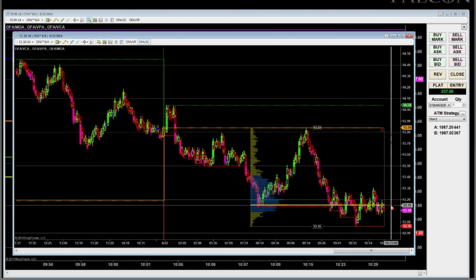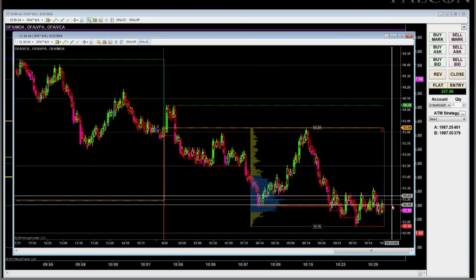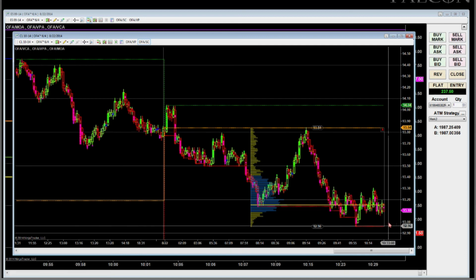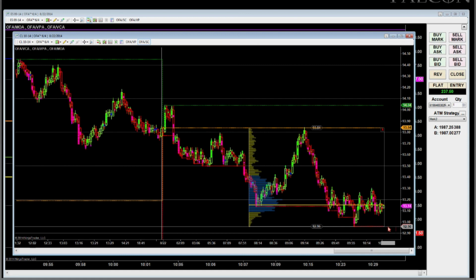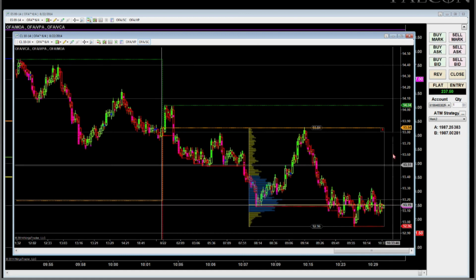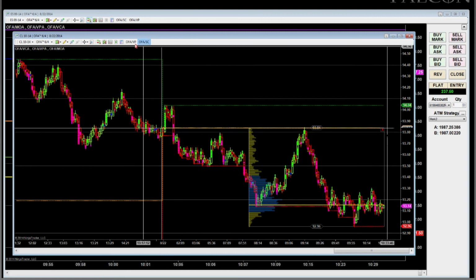If we get to a point where price stops coming through VPOC to either the upside or the downside, then any likely break of this area down here is likely to see price just crush lower. Whereas if price starts bouncing off of 93.15, it very well could move well beyond 93.84.